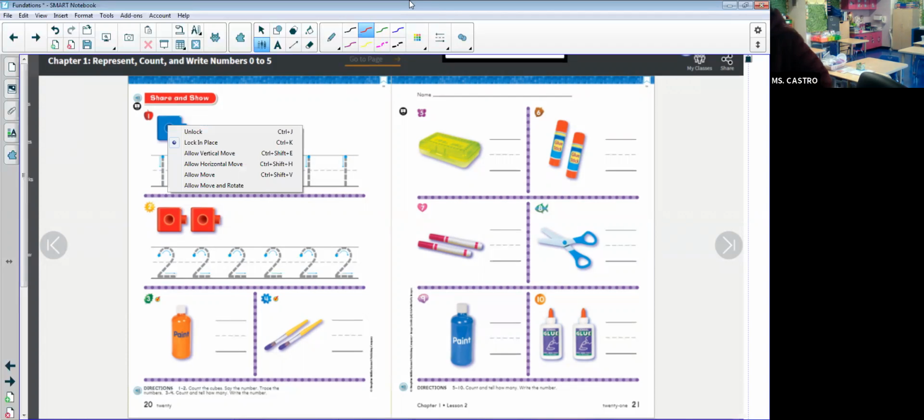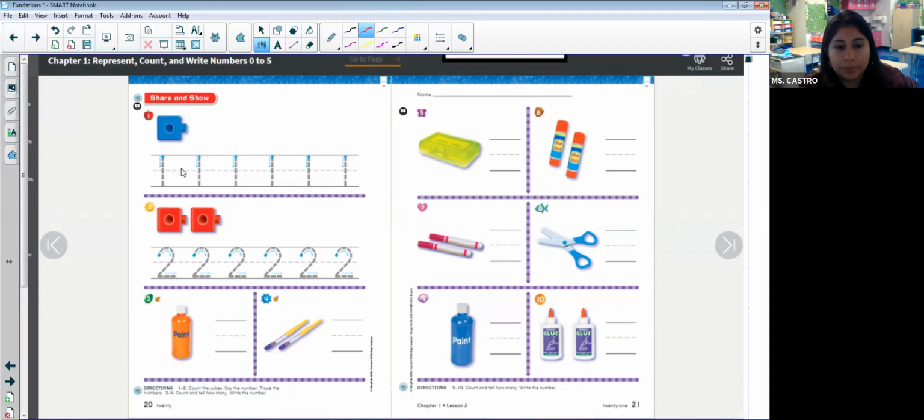So we have 1 blue cube. They simply want us to trace the number 1s all the way across until you get to the very end. For the blue cube, start with the blue dot and you trace the number 1 straight down and you keep finishing it until you get to the very end. Nice and neat.